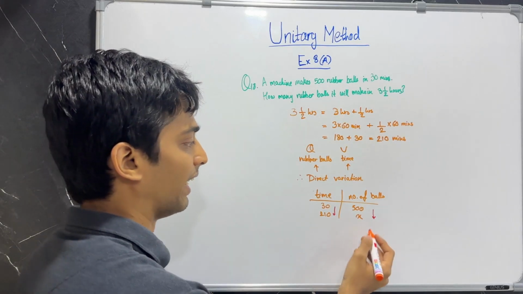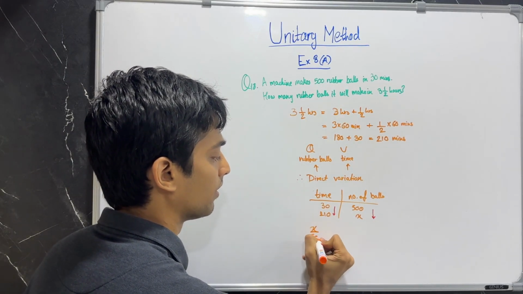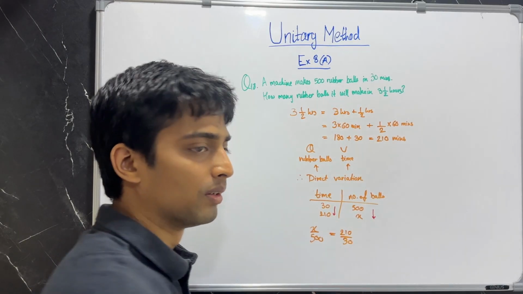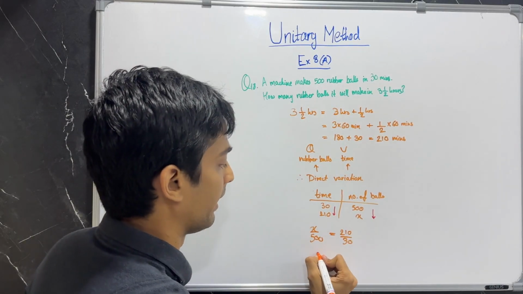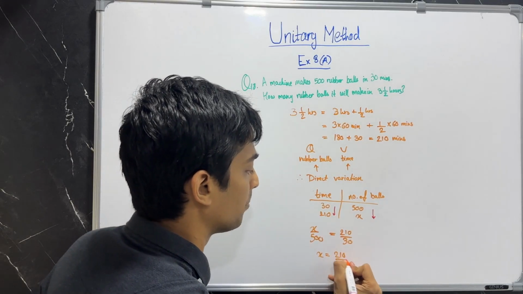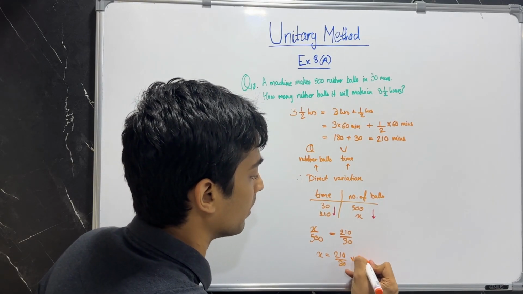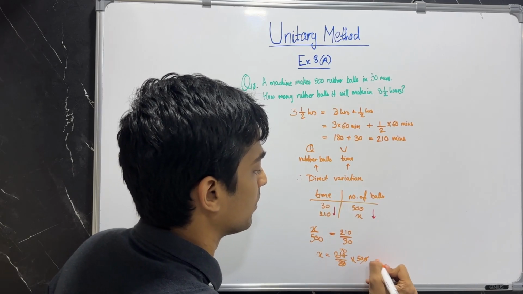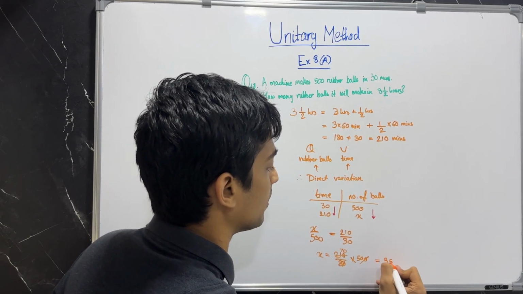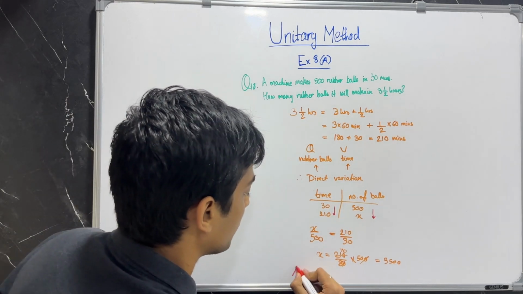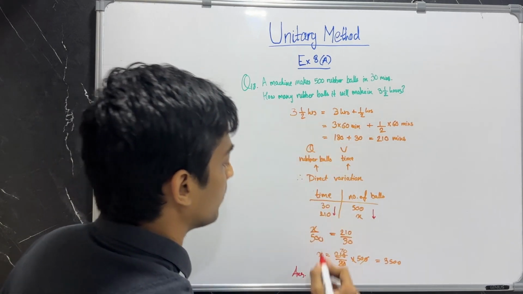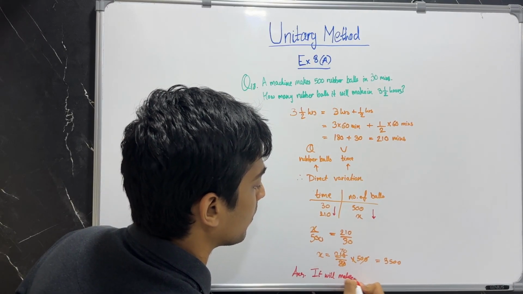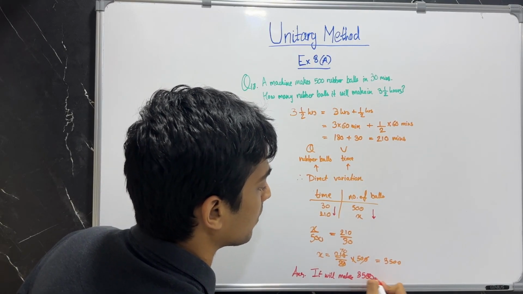Now head upon tail, x upon 500 equal to head upon tail. Now we take the 500 here. X is equal to 210 upon 30 multiplied by 500. Now 7 times 500, so this will be 3500. So the final answer is, it will make 3500 balls.